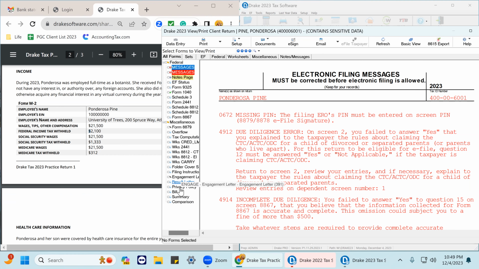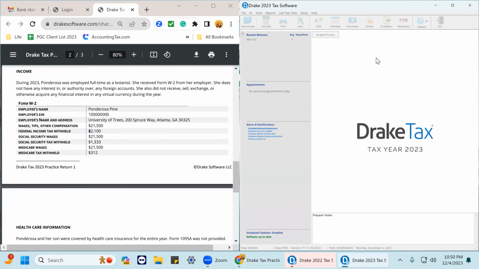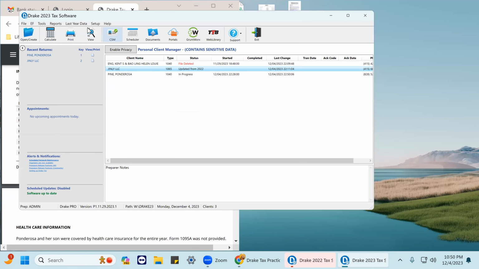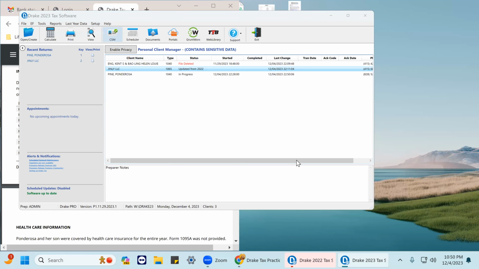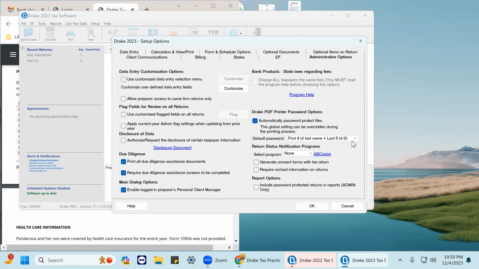Now in here, at this moment, you don't see it. So let me change a setting in the tax software. This is brand new tax software. I need to set it up a little bit so that you have the option to demonstrate it.